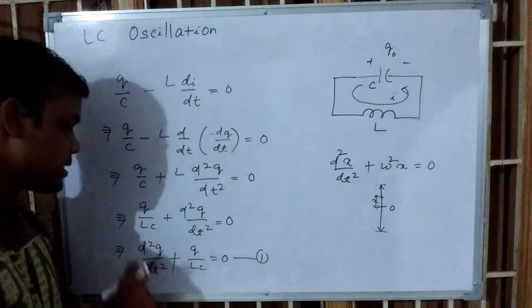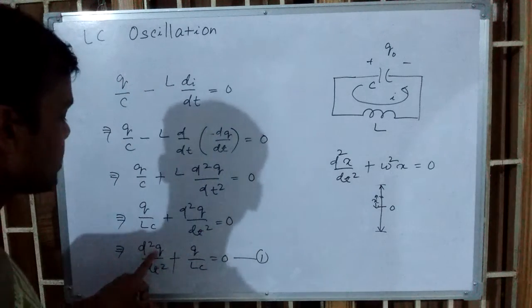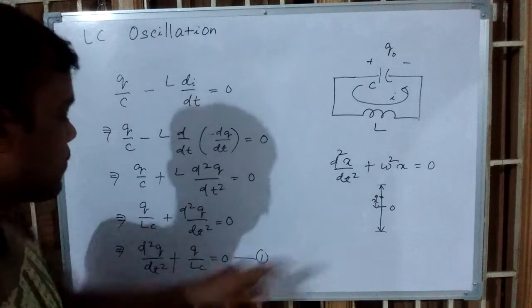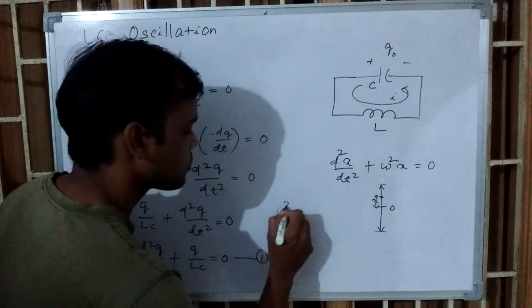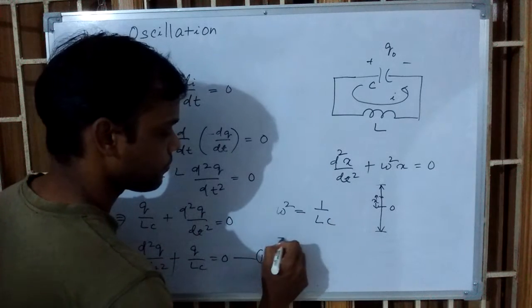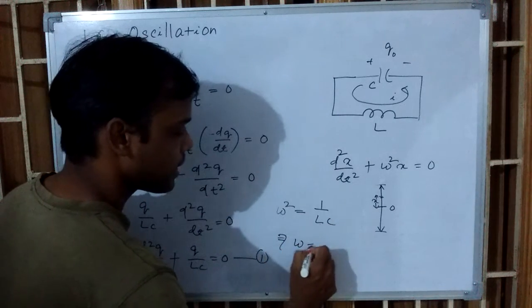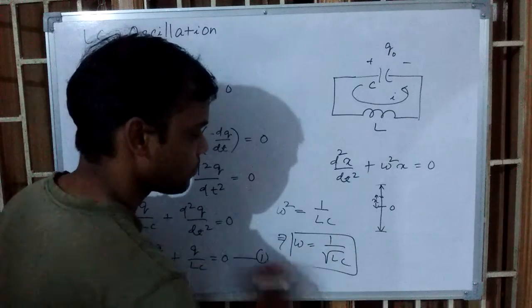That means you can say Q is in SHM. Then if Q is in SHM, what is the omega value? Your omega square is equal to 1 by LC. Then omega is equal to 1 by root over LC.